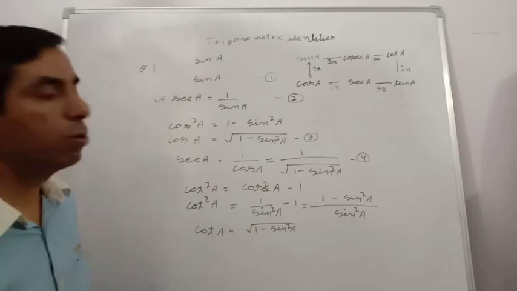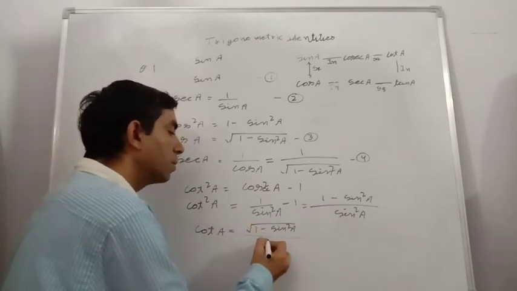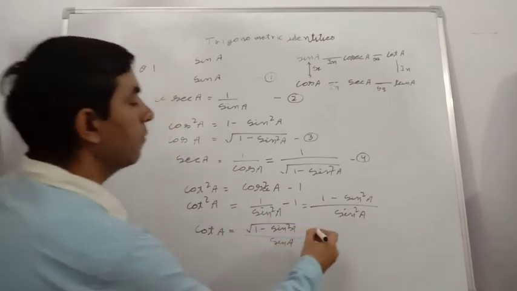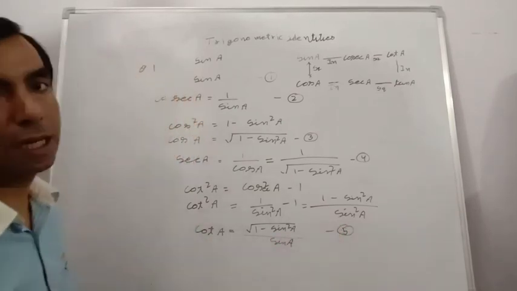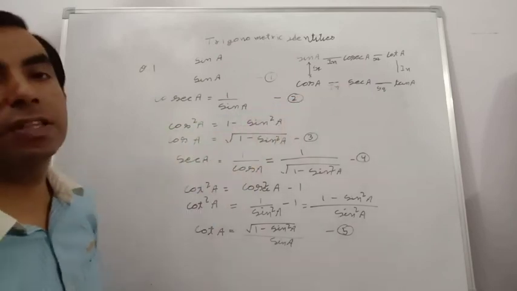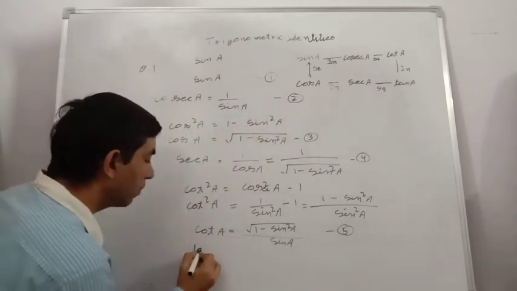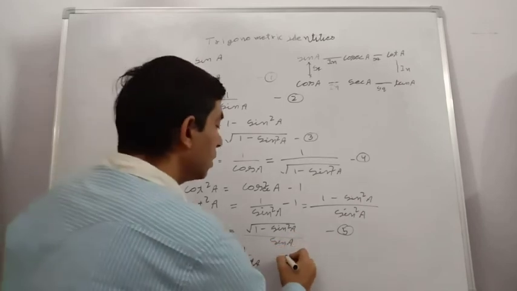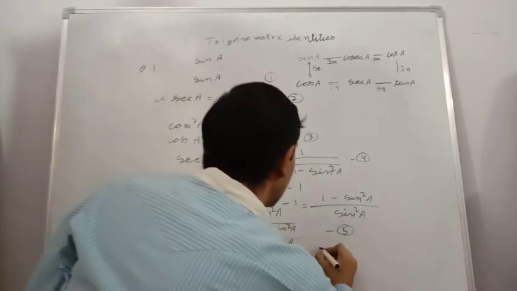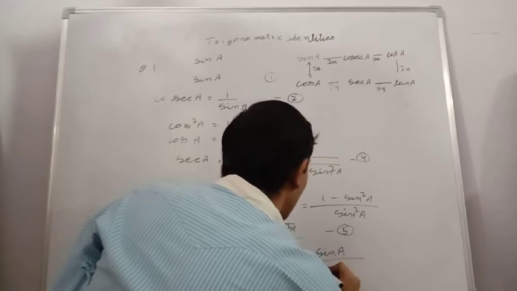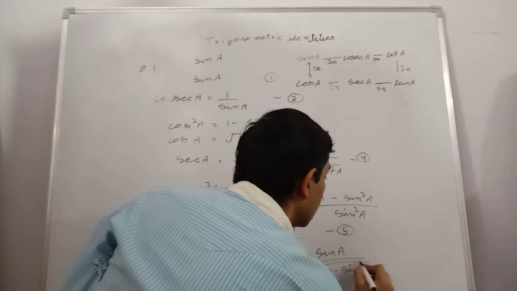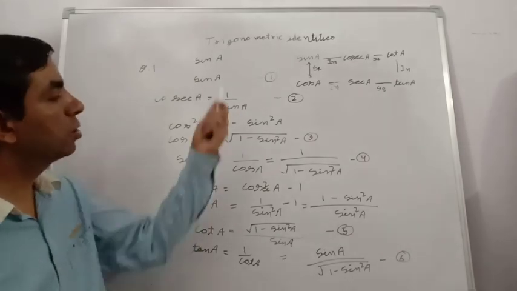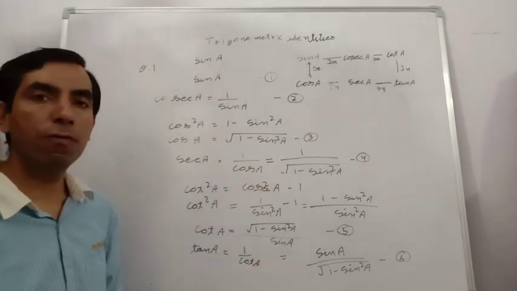So we have found 5 things in the form of sine A. Lastly, cot A is connected to tan A with the inverse formula, means tan A is the opposite of cot A. Tan A is equal to 1 upon cot A, the opposite of the previous term, sine A upon root 1 minus sine square A. It is the 6th thing, and all 6 things are now in terms of sine.